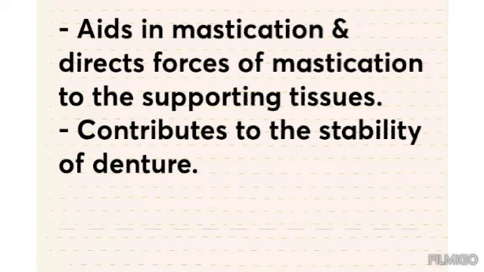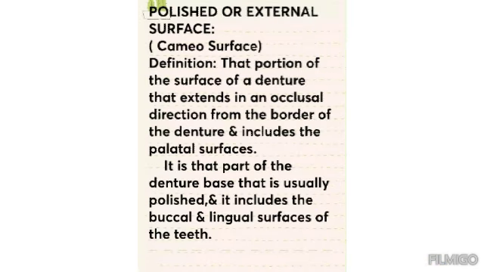The occlusal surface aids in mastication and directs forces of mastication to the supporting tissues, and it contributes to the stability of the denture. The main purpose of the occlusal surface is mastication.